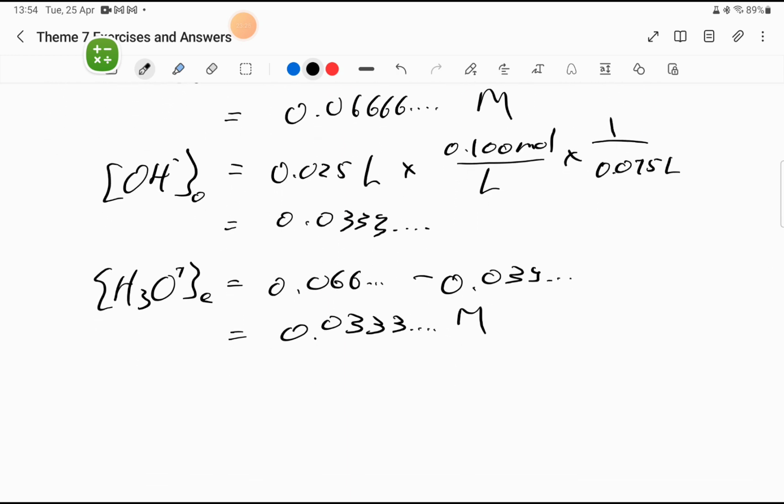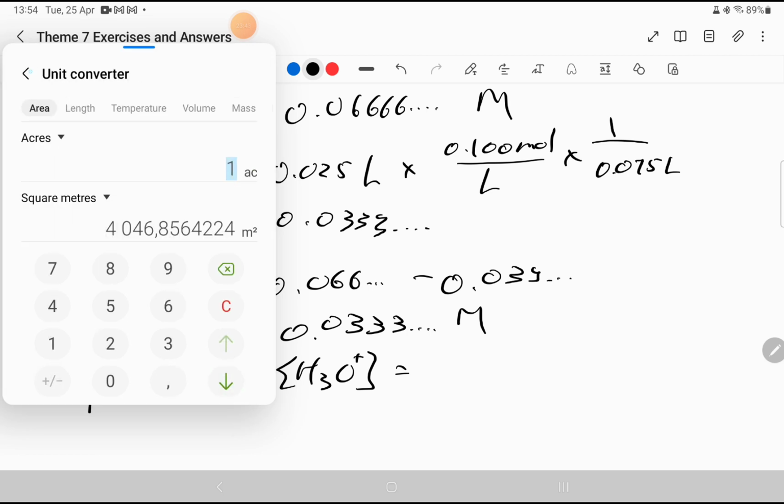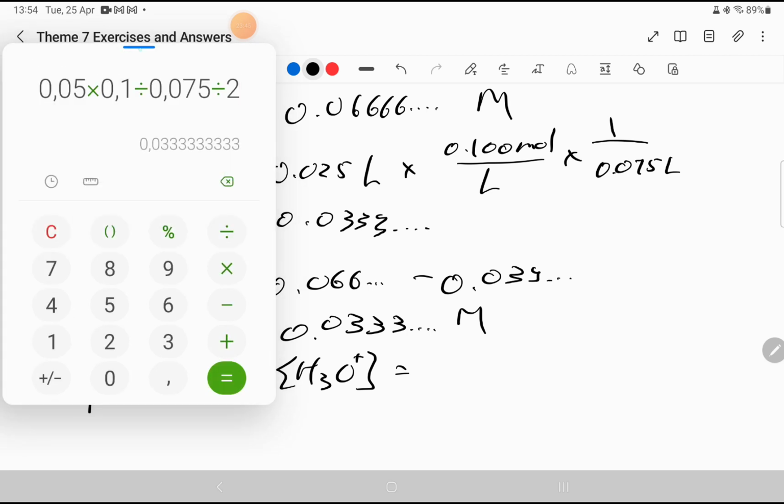So exactly half after the dilution and half of the cancellation, which means our pH at this state is minus log of hydronium, which therefore will be, oh, that's a bummer.